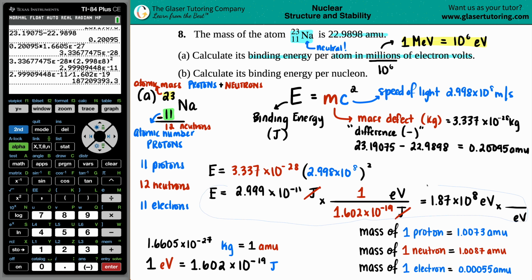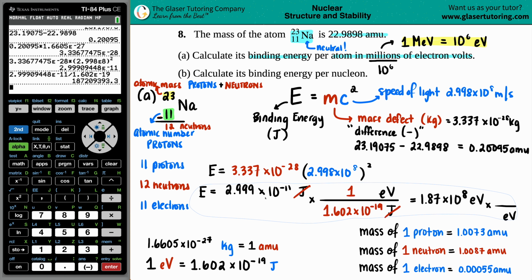We'll move this over a little bit. Let me just clean this up. And then eV on the bottom, mega eVs up on top. For every 1 mega electron volt, you have 10 to the 6th electron volts.